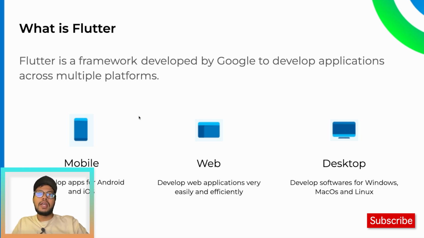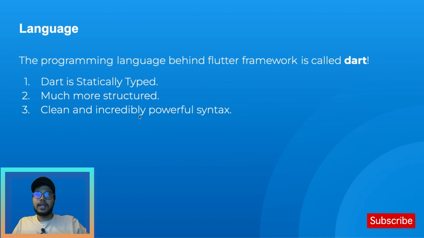And let's talk about something else. Let's see what kind of programming language Flutter uses. Flutter, as you have already known, is a framework built on top of a programming language, and the programming language behind Flutter is called Dart.